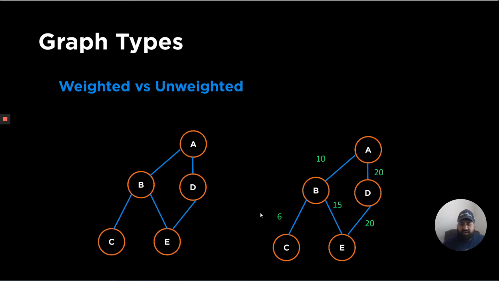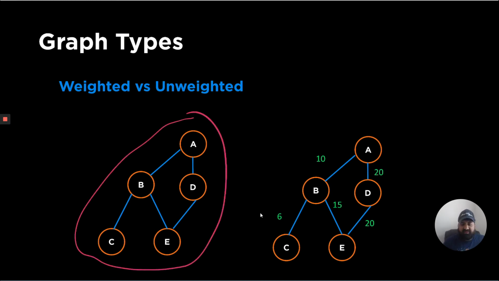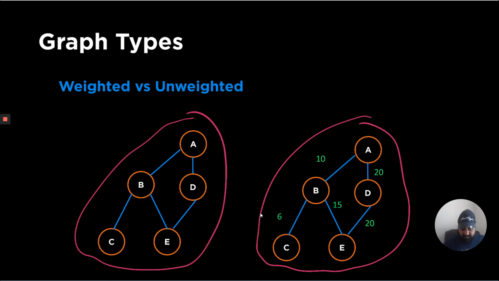The second type of graph is weighted and unweighted. The left one doesn't have any weights associated with the edges, while on the right, this one has some weights associated with each edge. Now, again, you see all these different graph types commonly for different problems.